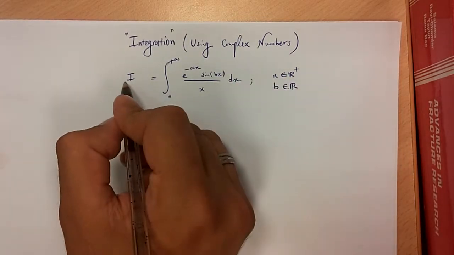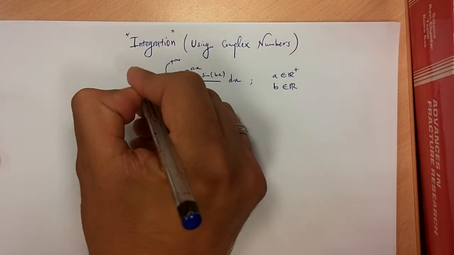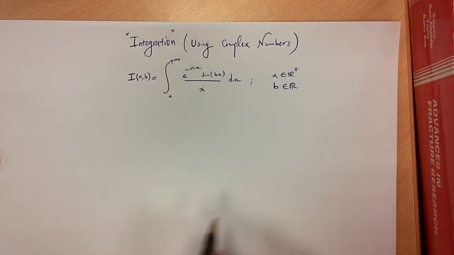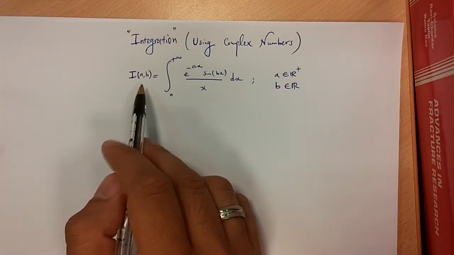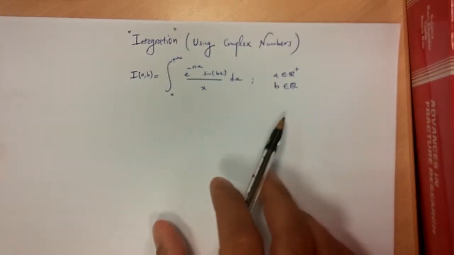So this integral is in fact a function of a and b, and I of a and b is what we are searching for.